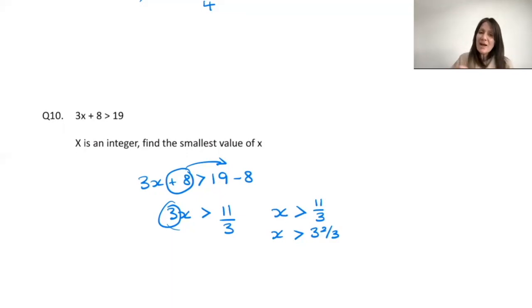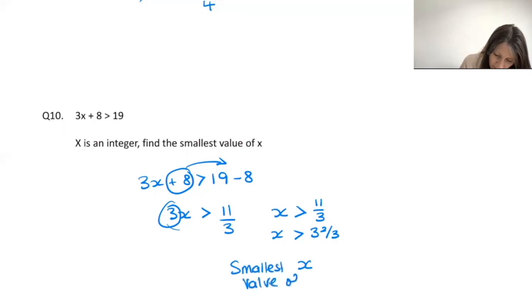It can be any number greater than 3 2/3. So what is the smallest value of x? I would put it as a sentence: smallest value of x is 4.